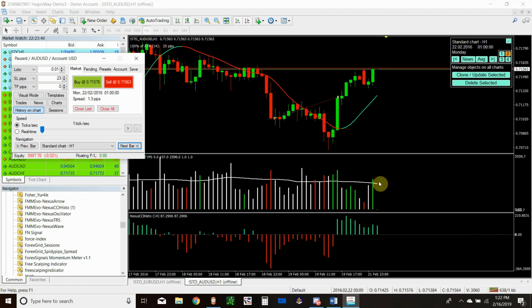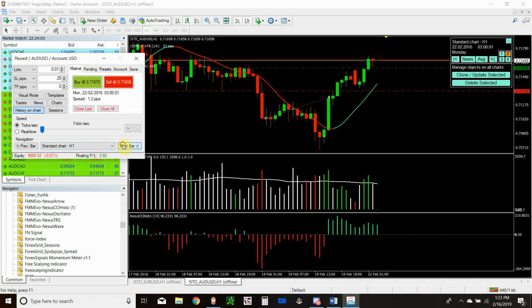But okay, so we got green here above our moving average. We've got green on the CCI and then green on our HMA. So let's see, our stop loss will be 25 pips here. 25 pips, we're going to buy and go to our next bar, see what happens.